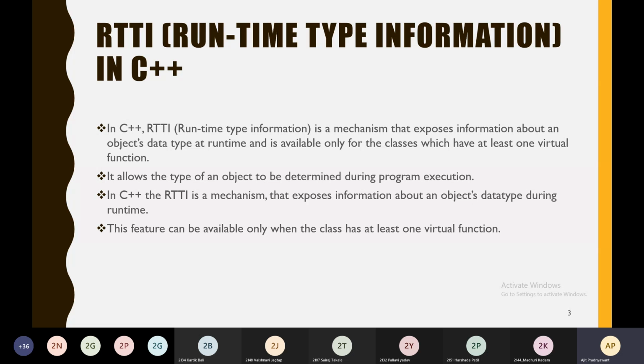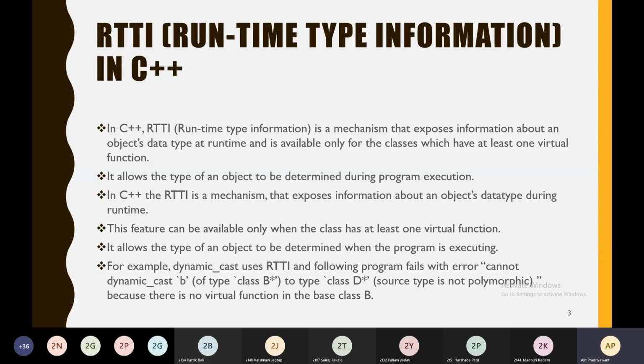It allows the type of the object to be determined when the program is executing. In simpler words, it will decide the type of the object when your program is in execution.